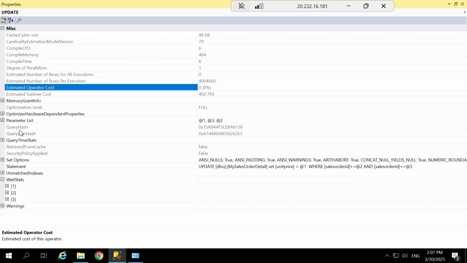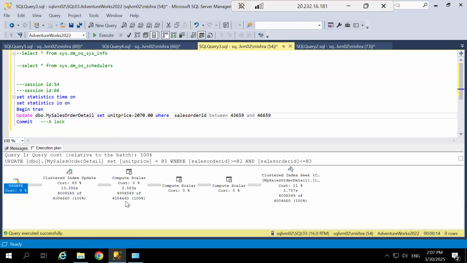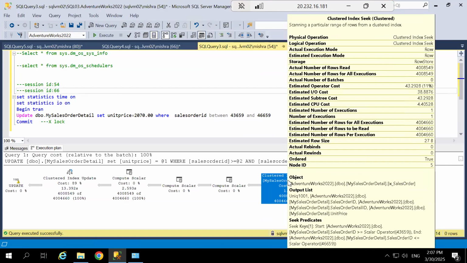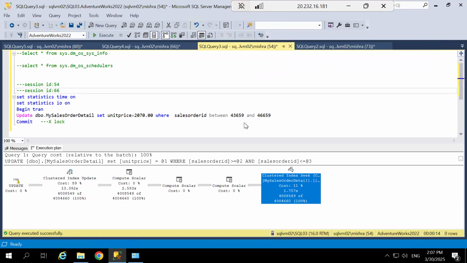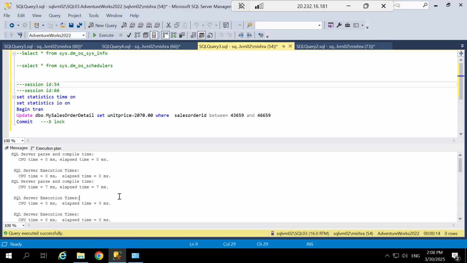Estimated operator cost, where can I capture that one? Don't think it will come from here. Leave it. Anyway, we are capturing the CPU and elapsed time here.